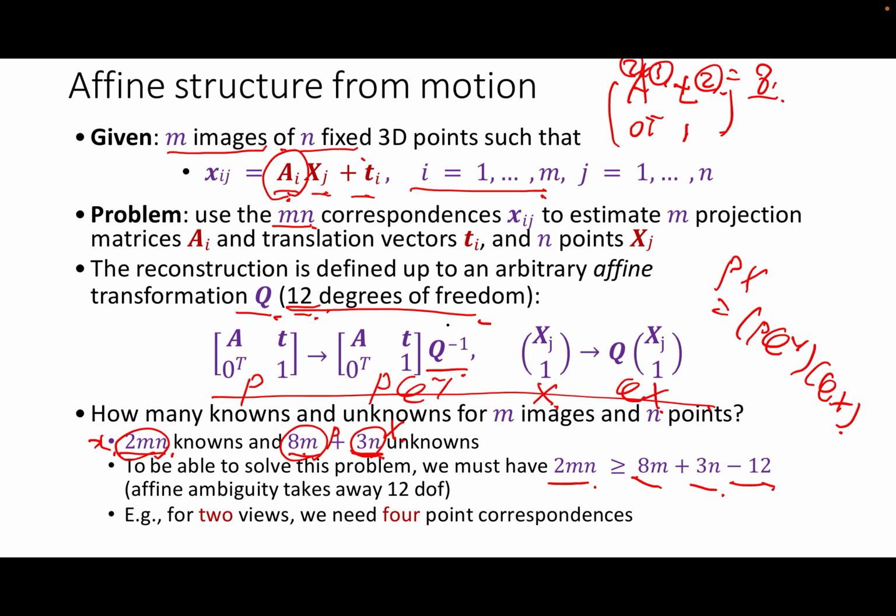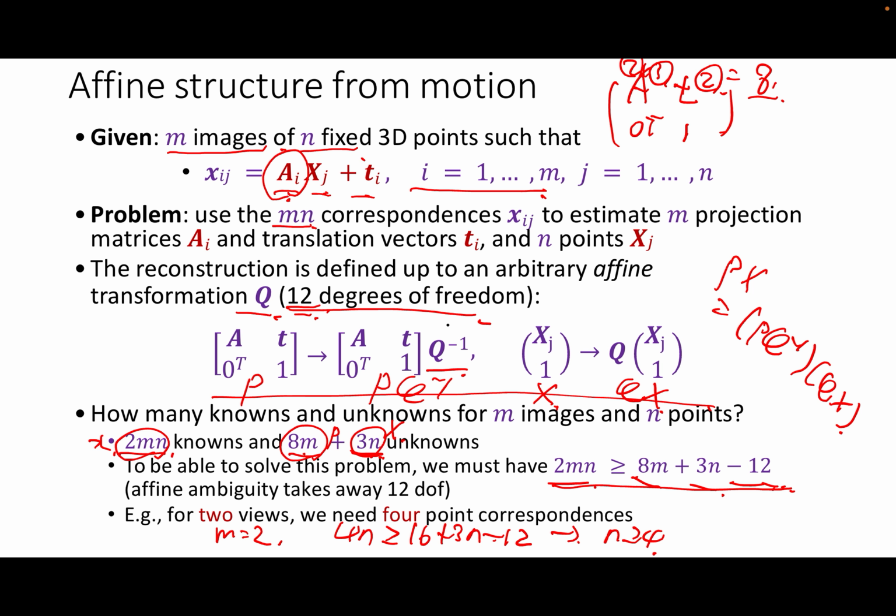So this is our condition to be able to solve this problem. For example, let's say we have two views. Two views means m equals 2. Then we can just plug in, and 4n is larger than or equal to 16 plus 3n minus 12. So this gives us n should be equal or larger than 4.